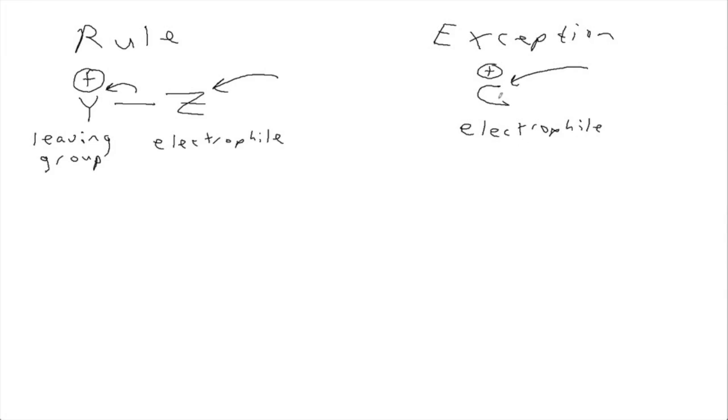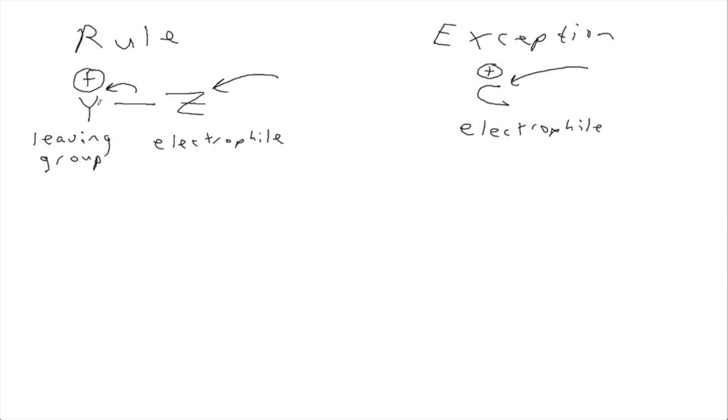Does it need a leaving group? No, because it doesn't have a complete octet to start with. So this is a pretty important exception. This comes up a lot, obviously. There are lots of carbocations in organic chemistry, so here the exception is just as important as the rule. But you have to keep in mind that it's only when a carbon has a positive charge that it makes it into an electrophile.